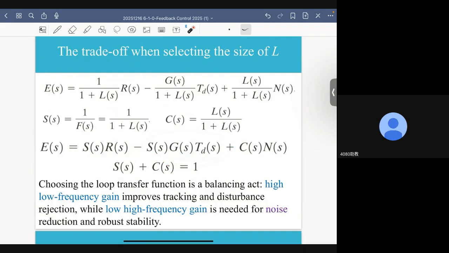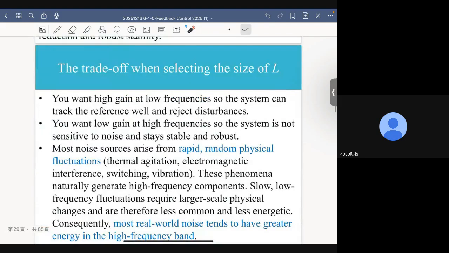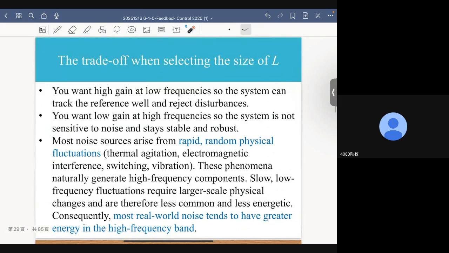Okay, while high frequency attenuation is needed for noise reduction and robust stability. All right, I can make L so small in the high frequency band to reduce the negative influence of measurement noise. Now, the trade-off when selecting the size of L has everything to do with the frequency contents of the noise.